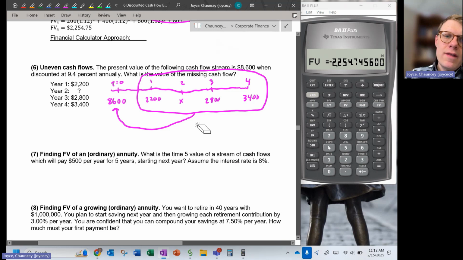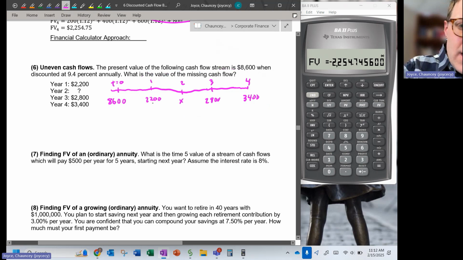However, we don't know one of the cash flows. So we have to discount the cash flows we're given, which is the first cash flow, the third cash flow, and the fourth cash flow.